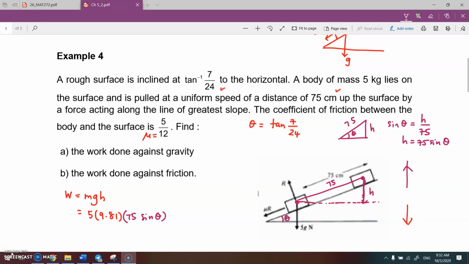But before that, what is sine theta? You need to find your sine theta from your tangent here.